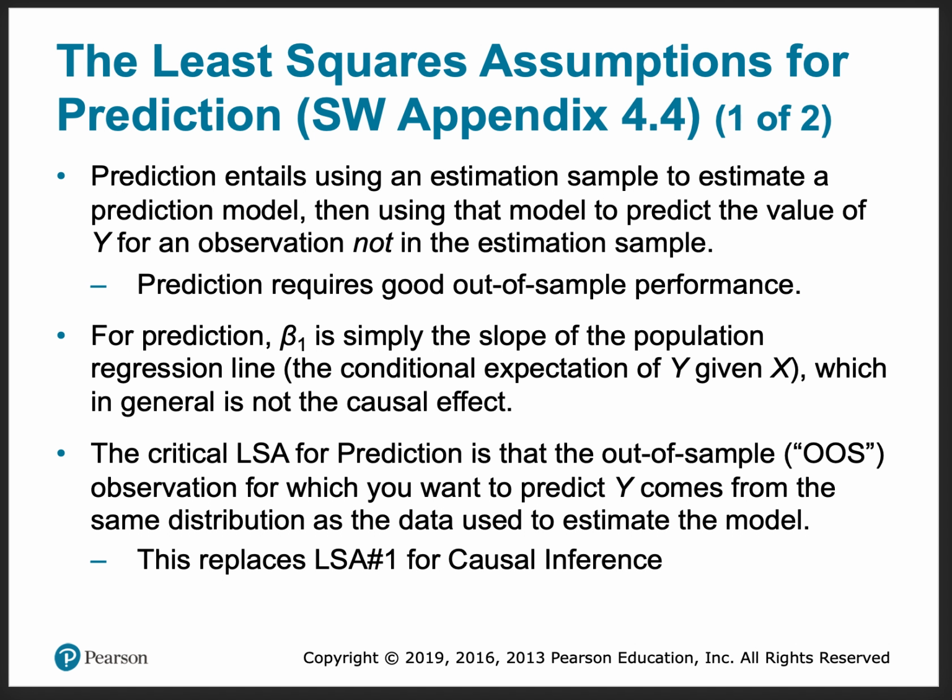Let's talk about one more thing from chapter 4. We want to cover the least squares assumptions for prediction, which are different from the least squares assumptions for causal inference. Prediction entails using an estimation sample to estimate a prediction model, then using that model to predict the value of y for an observation not in the estimation sample.